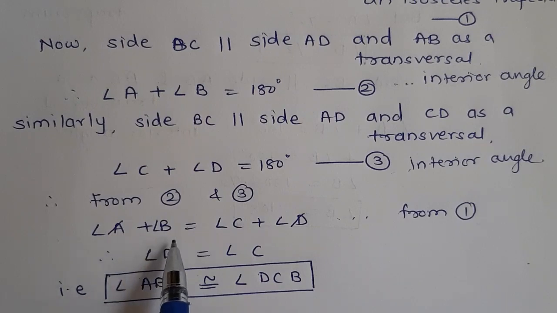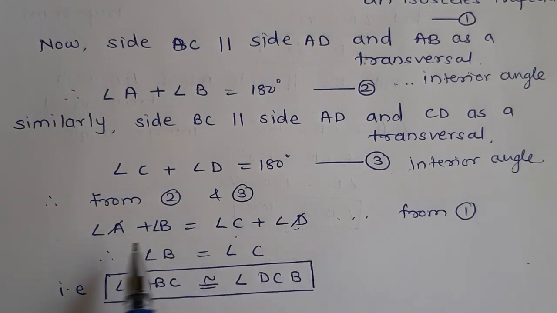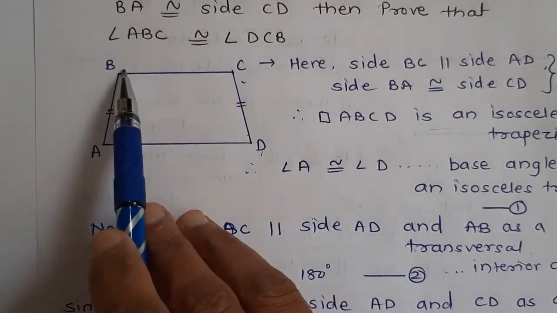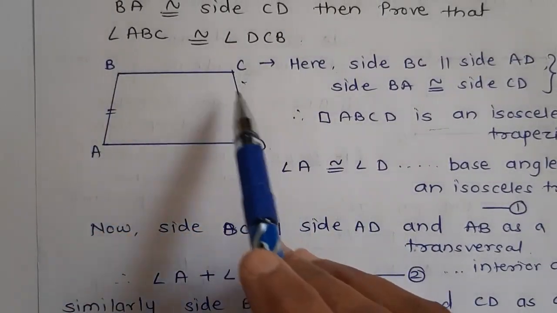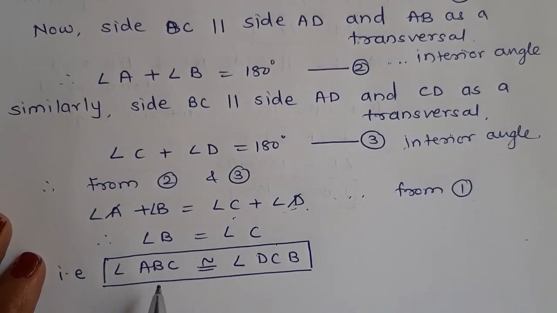Angle A plus angle B equals angle C plus angle D. But angle A and angle D are congruent because they are the base angles, so we cancel these angles. Then what remains is angle B equals angle C. And angle B and angle C are nothing but angle ABC and angle DCB. So angle ABC is congruent to angle DCB.